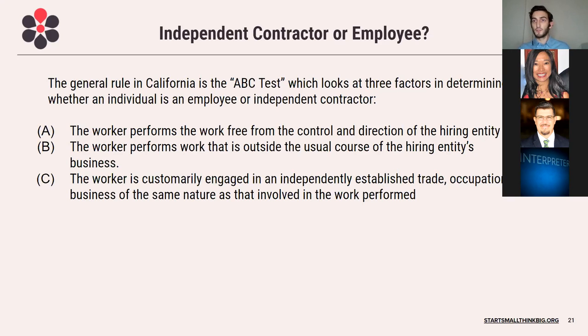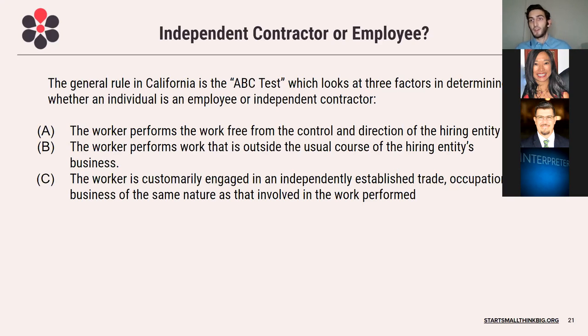There are some exceptions for professional services and partnerships, but outside of those, this is the most common test. And so it looks at 3 factors.